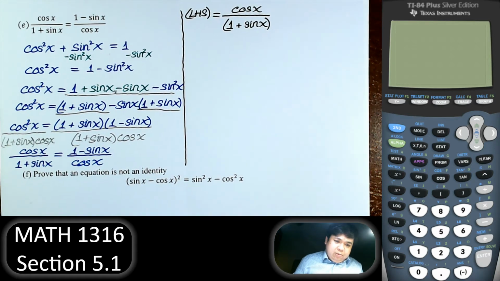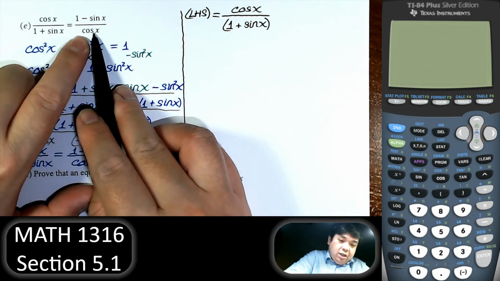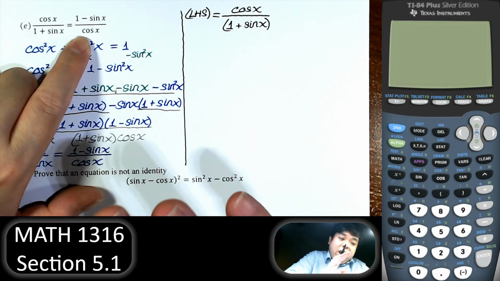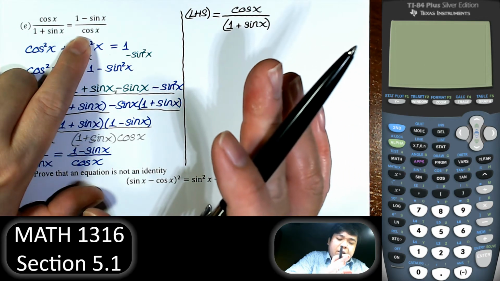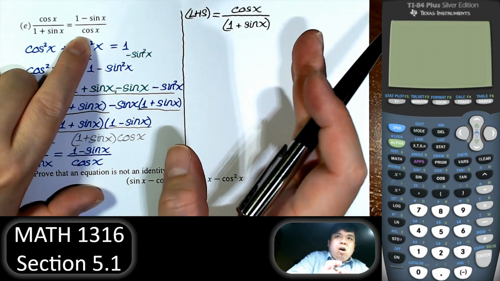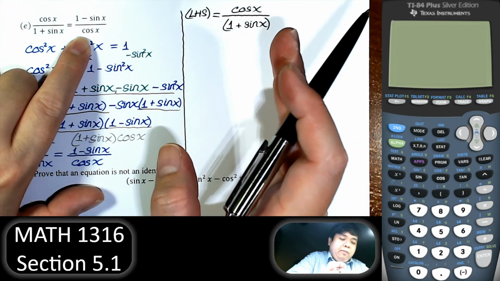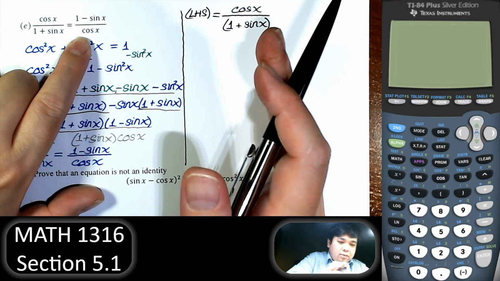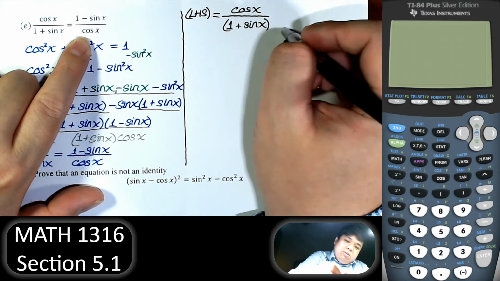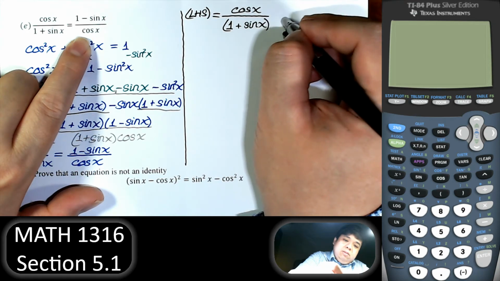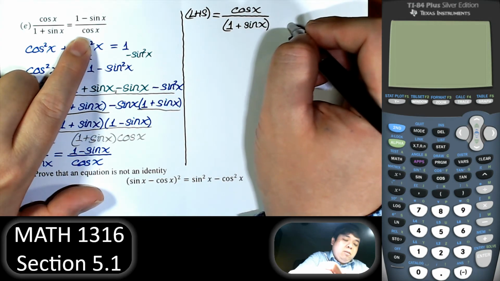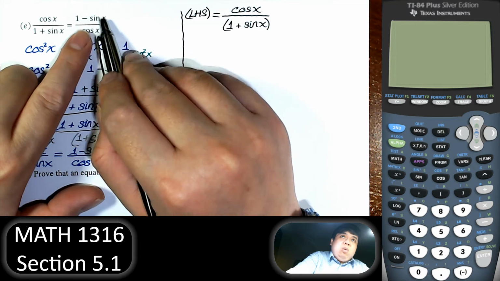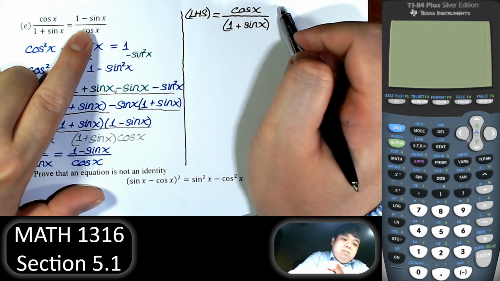Right, now, we have to somehow get to this, meaning that we're going to have cosine at the bottom. Of course, we can multiply cosine at the bottom too, if we want to. We cannot just do that. So if we multiply cosine at the bottom, that certainly works, right?